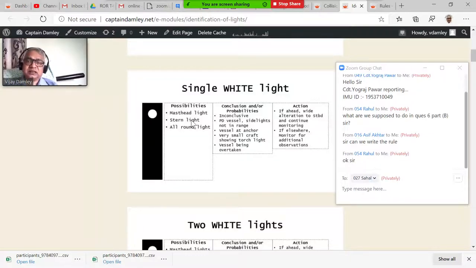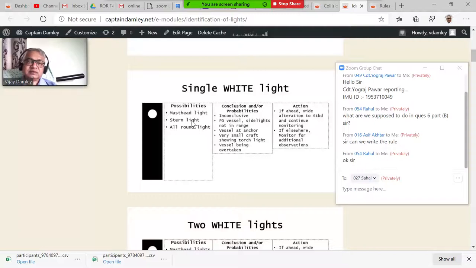That is stern light. Your side lights are below masthead lights. Whether you have one masthead light or two masthead lights, your side lights are below them. That means the combination will be white on top, white. Then you have, as I had done in the class also, side lights. This is how you will see them.